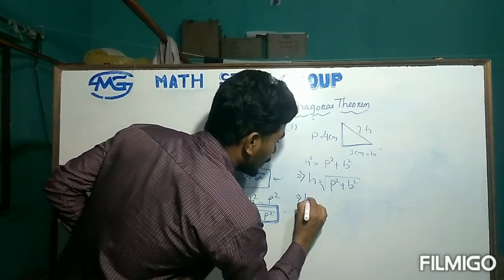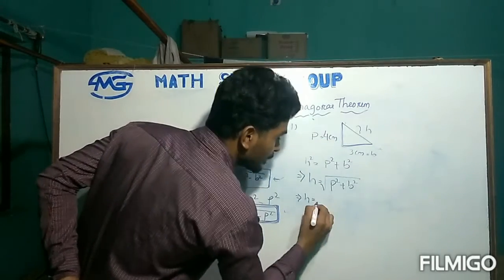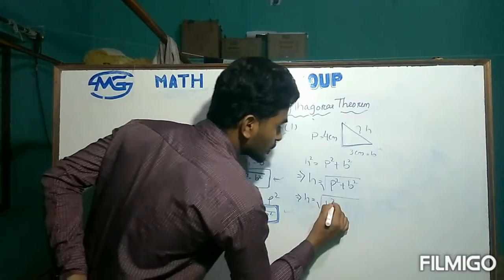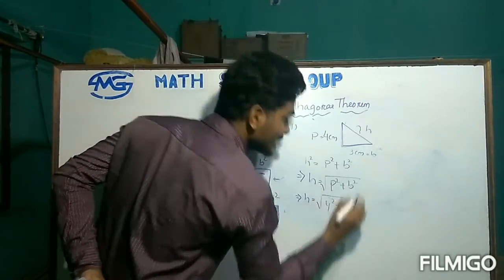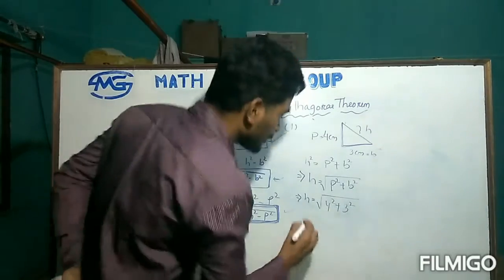Then putting in the value of P, here P is 4 cm. So in the place of P we use 4 square, plus in the place of B we put 3 cm, so 3 square.